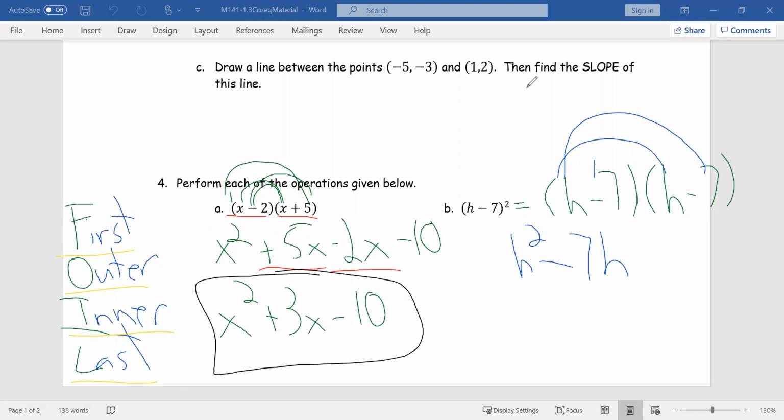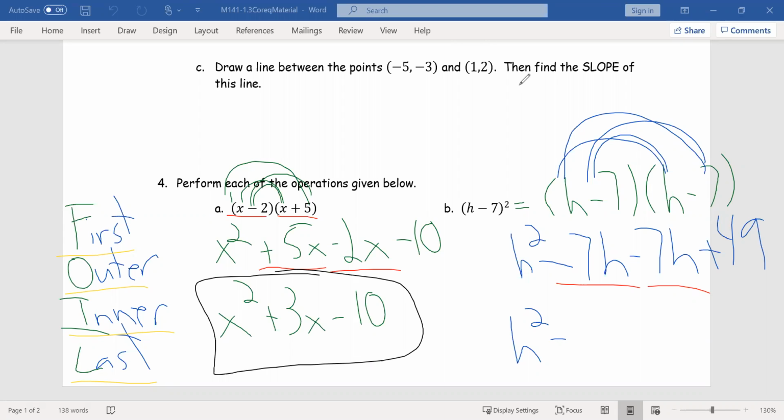The inner means the negative 7 times h, which gives us negative 7h. And then the last means the negative 7 times the negative 7, which gives us positive 49. Again you look for like terms, so the negative 7h and the negative 7h. Combining those gives us h squared minus 14h plus 49.